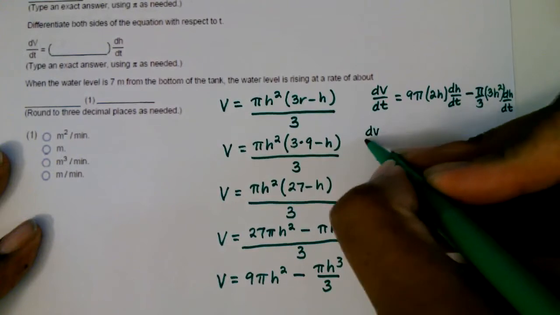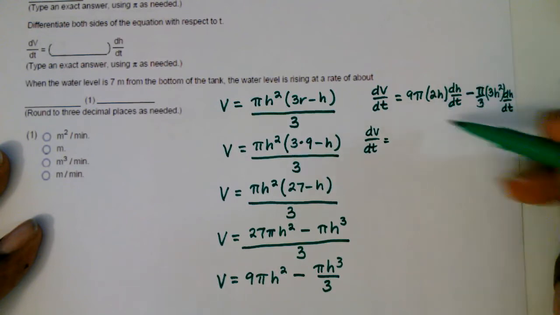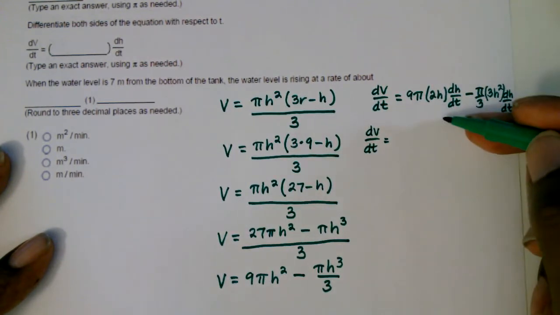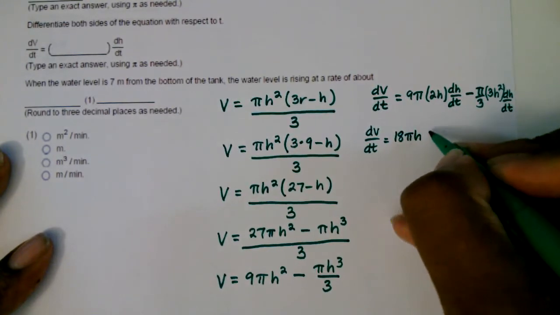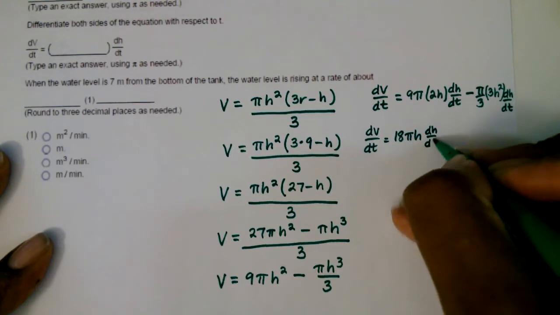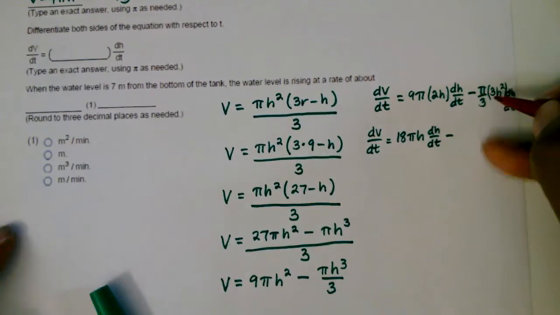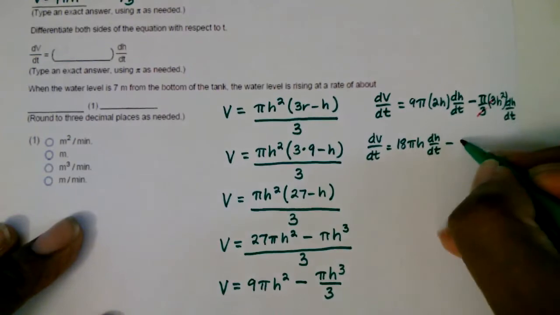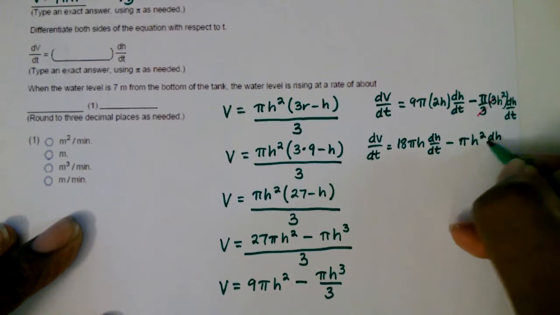So now dV/dt is this, and I apologize for scrunching all of this with a minimum amount of space on the paper that I have. So let's see, 9 pi times 2h, that would be 9 times 2, which is 18 pi h dh/dt, minus, notice that these 3's divide out, I will have minus pi h squared times dh/dt.